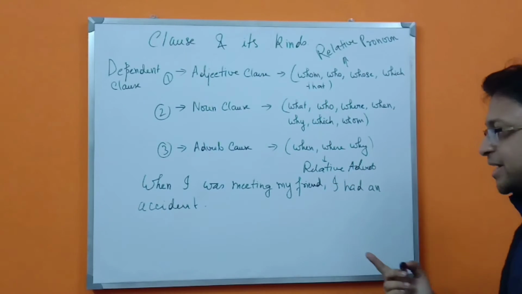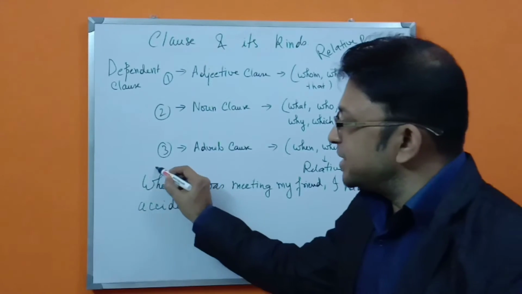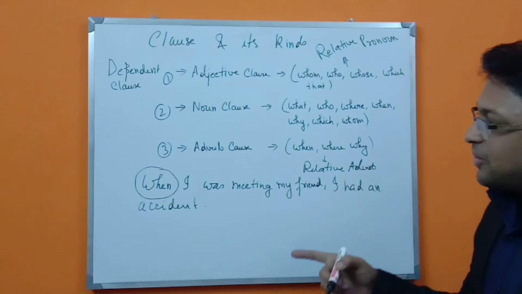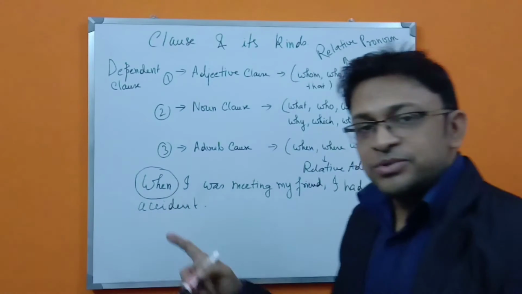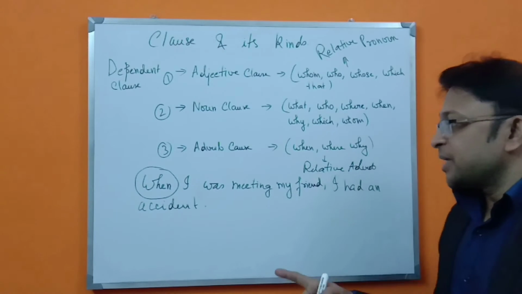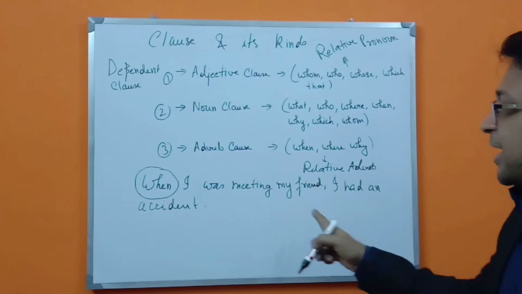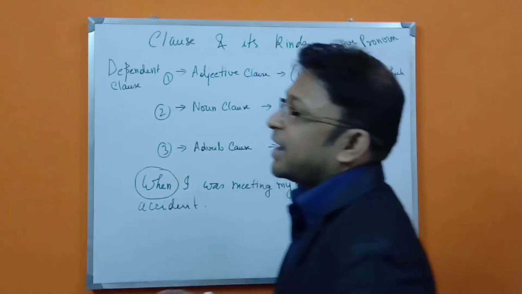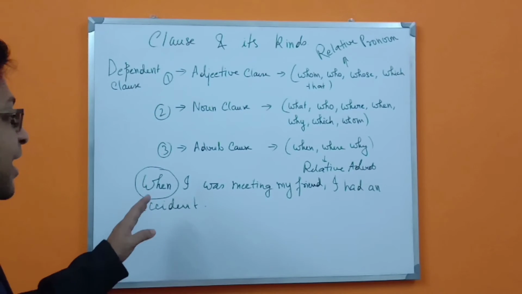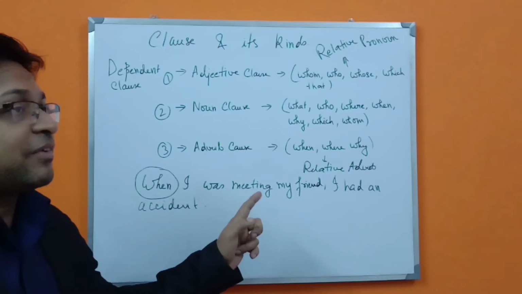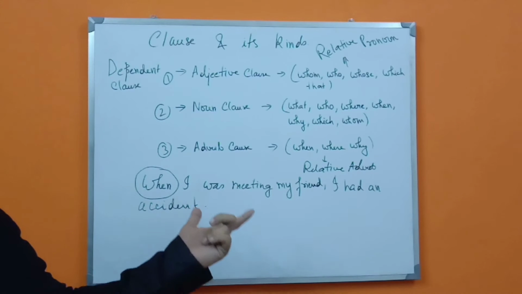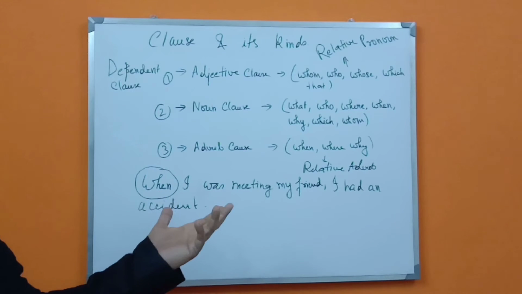In this sentence, as you can see, this is a subordinating conjunction, or an adverb clause, which is being used here, and then the sentence is made meaningful. If we write only "I was meeting my friend, I had an accident", the sentence cannot give you a complete meaning. But when I write "when I was meeting my friend, I had an accident", now the sentence is giving you a complete sense.